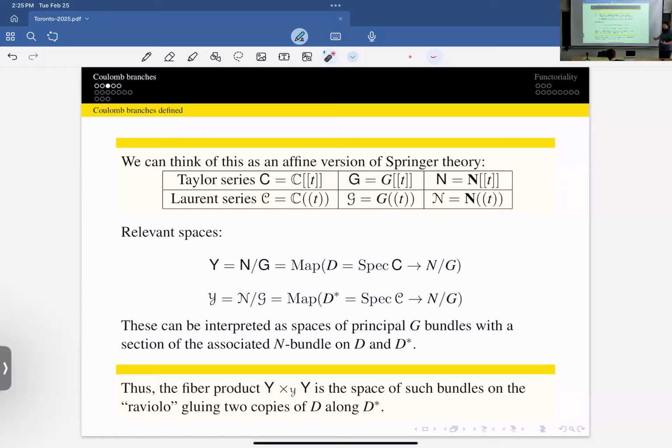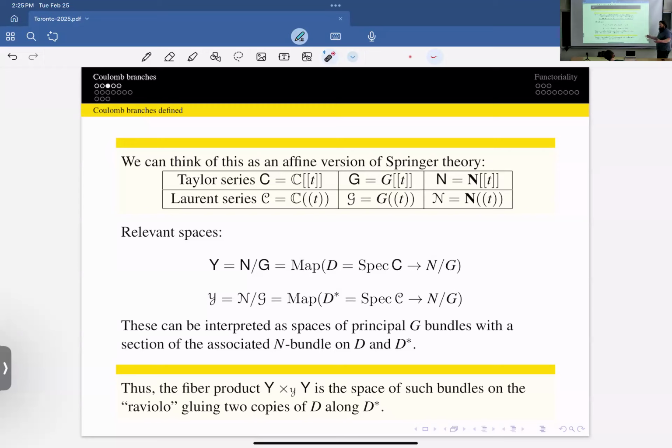And before I was thinking of GL_N(C), now I'm going to think of GL_N of C[[t]] or GL_N of C((t)). And I want to look at the quotient N mod G for the Taylor series version or the Laurent series version.